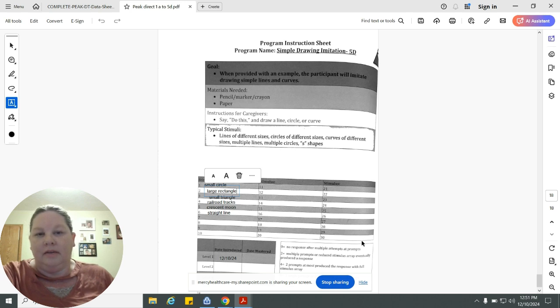Drawing a circle 30 times is not going to give us the same data as changing up the shapes, the sizes, or if there's multiple lines, thick lines, using a crayon, using a pencil, whatever, it's going to change. Otherwise, it's just called practice. So if there's any questions, let me know.